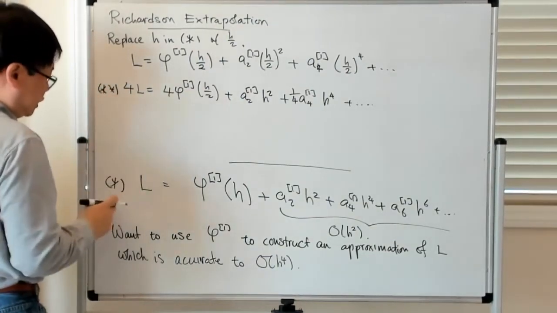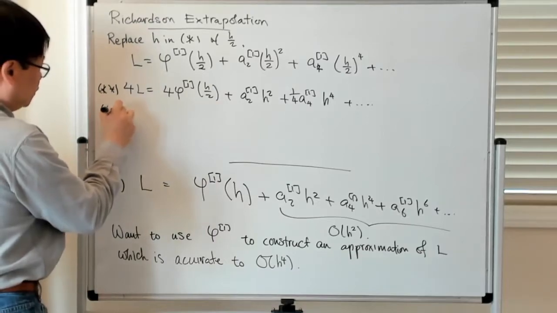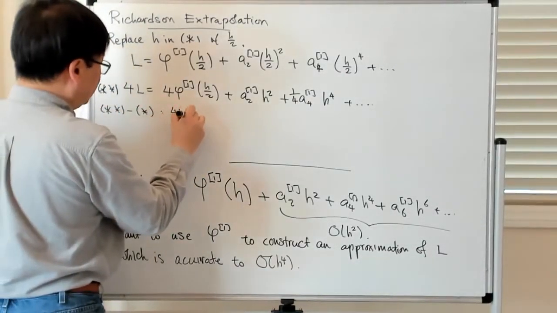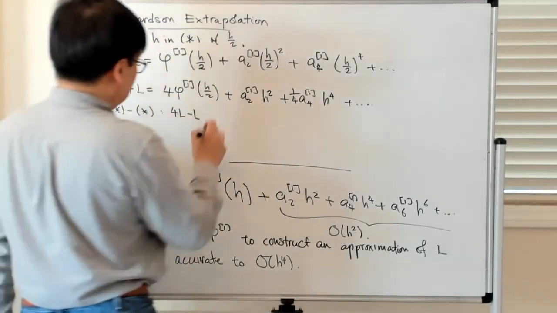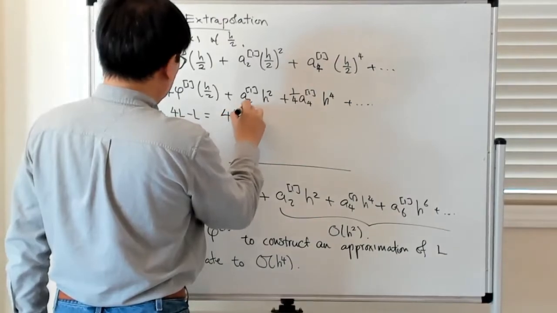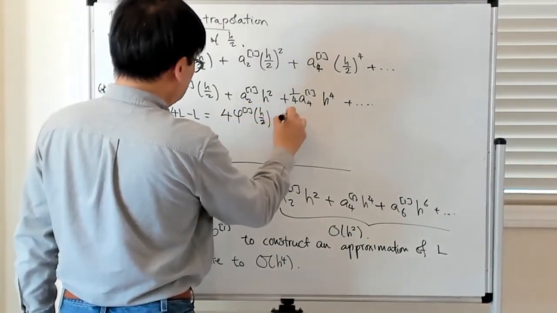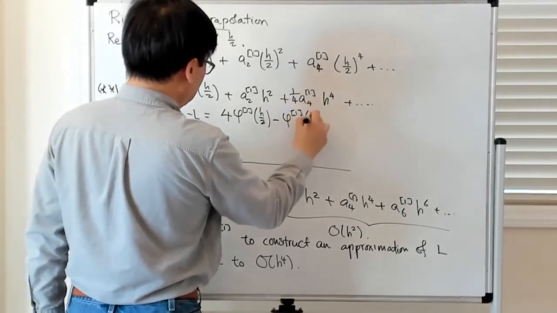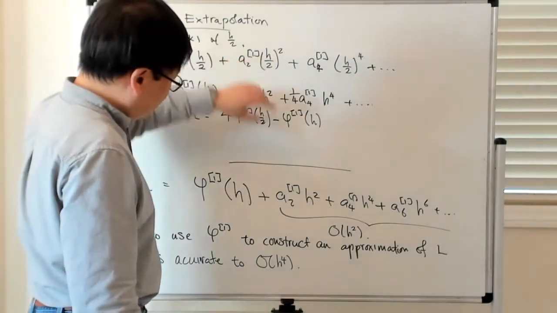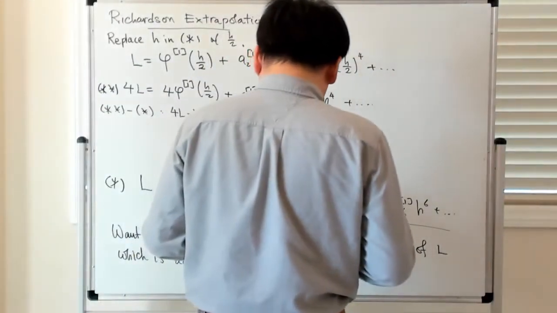I can subtract equation 2 from equation 1. This gives me 4L minus L on the left-hand side, equal to 4 times phi 1 evaluated at h over 2 minus phi 1 evaluated at h, and this term cancels out this term, so that disappears.